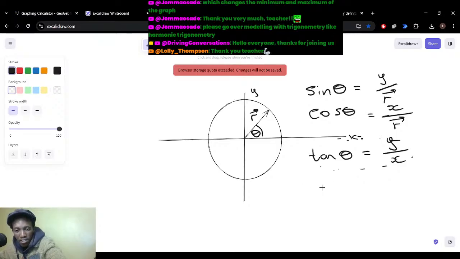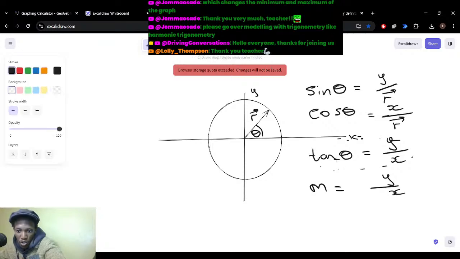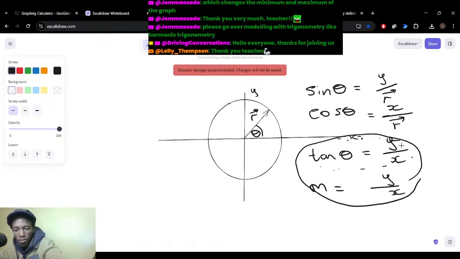What about our gradient? The equation of the gradient is change in y over change in x. Now, if we were to remove these triangles here, this triangle is a symbol for change, you would see that these two are the same. Tan theta is y over x, the gradient m is also y over x.